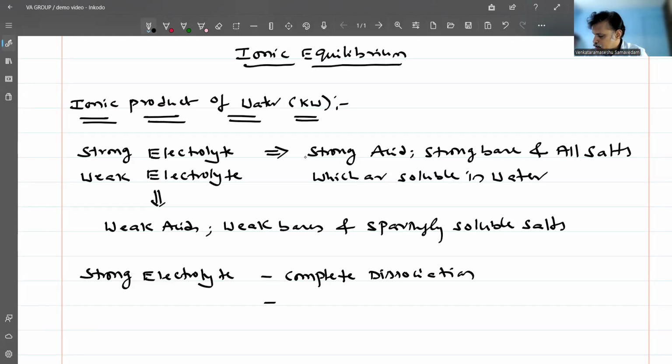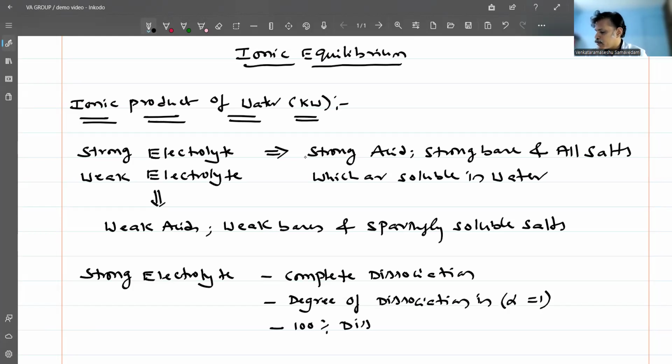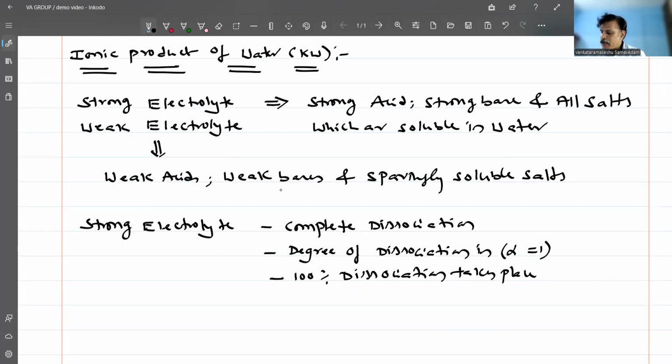For this type of substances, degree of dissociation alpha is equal to 1. That means 100% dissociation takes place. So here 100% dissociation takes place. That is why these substances are said to be strong electrolytes.